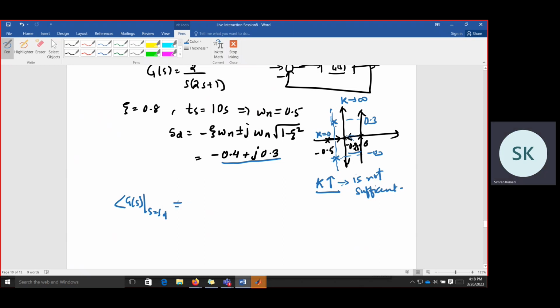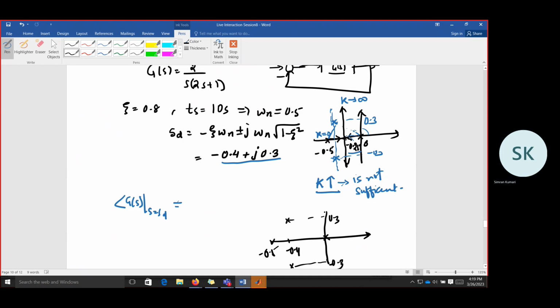This is the angle at this point, so we'll draw this line and try to find this angle. Let us simplify it and make it more clear. This is 0, this is minus 0.5, this is minus 0.4, and we have this point, which should lie on the root locus, at 0.3.